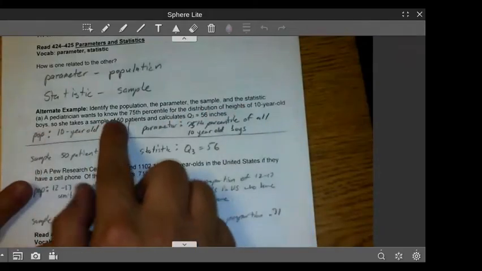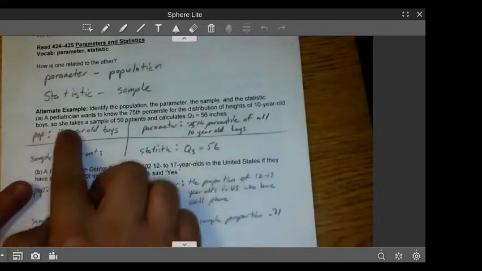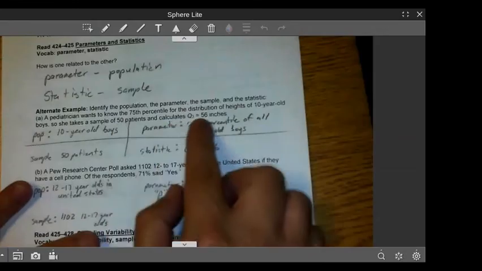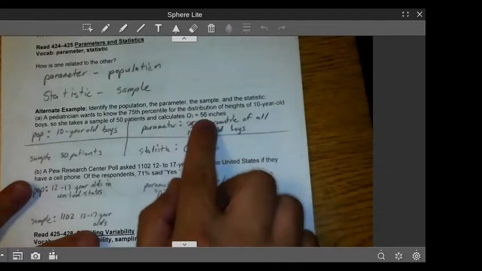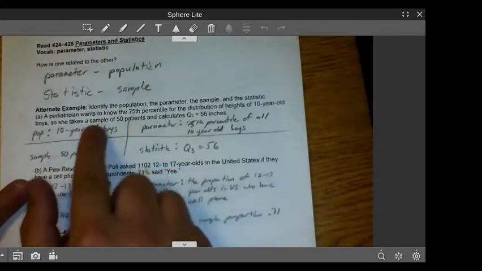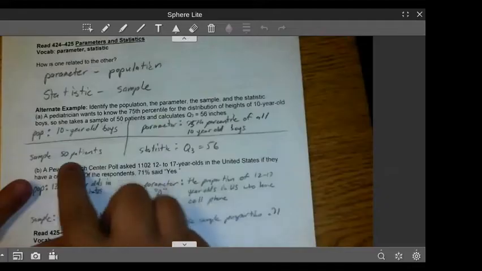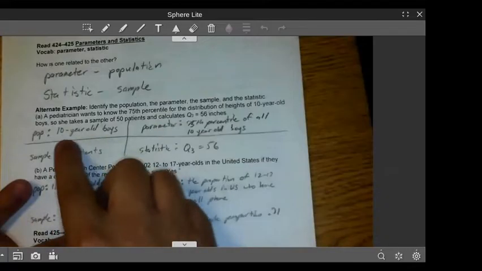A pediatrician wants to know the 75th percentile for the distribution of heights of 10-year-old boys. So she takes a sample of 50 patients and calculates Q3 is 56 inches. Now, they do tell us right here, sample 50. They typically don't use the word sample in the problem if they want you to find the sample, but there's our sample, right? And then the population is all 10-year-old boys.